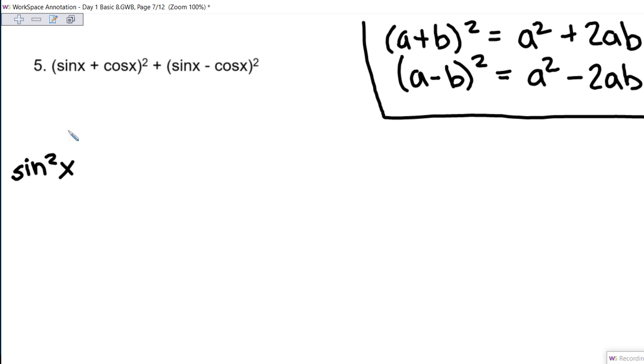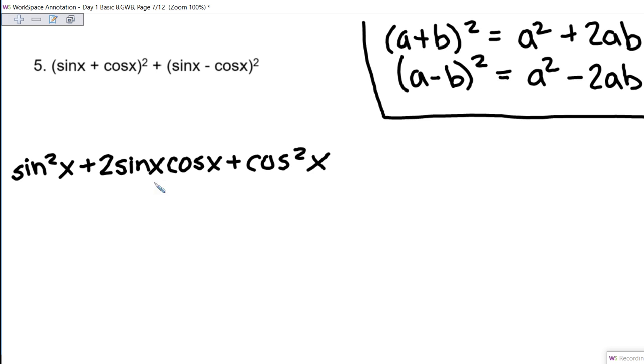When you double it, it gives you 2 sine of x cosine of x. Take the last term and square it. So cosine of x, when you square it, you get cosine squared of x. So that's the perfect square trinomial for sine of x plus cosine of x, that sum squared.